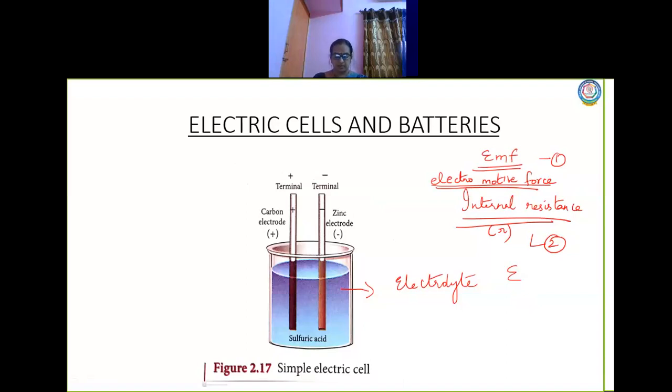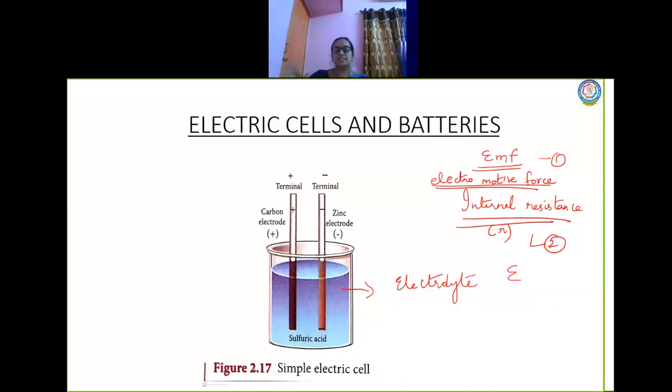Now there is always a resistance to the flow of charges within the battery. As I told you, inside the electrolyte, the charges move from the negative terminal to the positive terminal. Whenever the charges move, there is a resistance to the flow of charges.